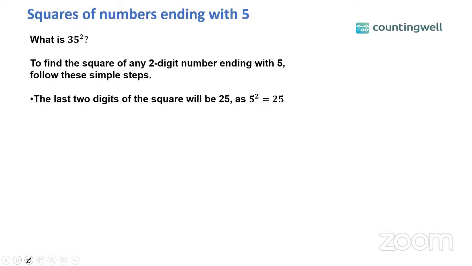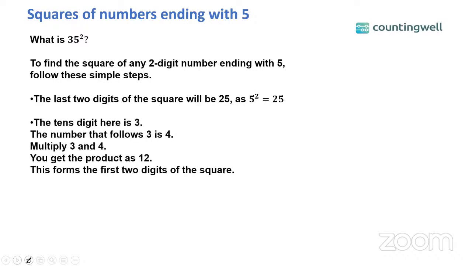Let us follow the simple steps given. First, the last two digits of the square will be 25. You have to fix that the last two digits of the resulting square will be 25 because we have a number ending with 5. Next, the tens digit here is 3.